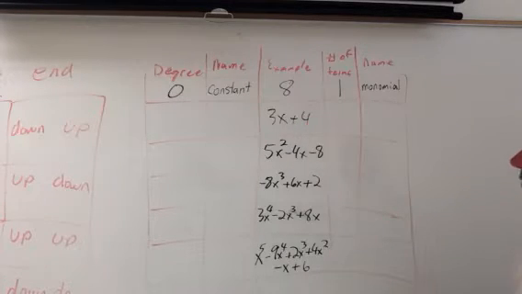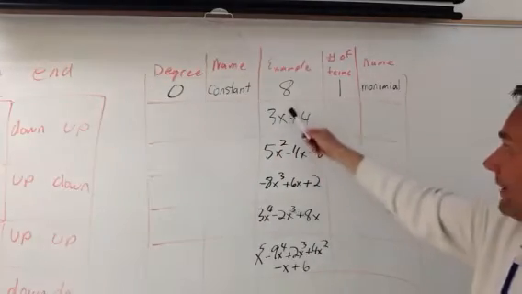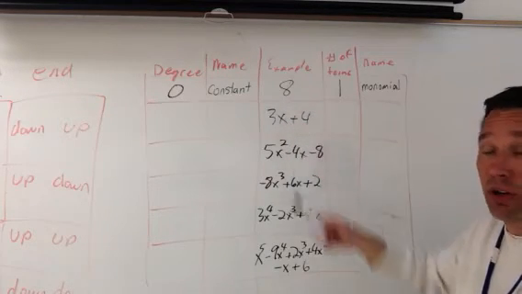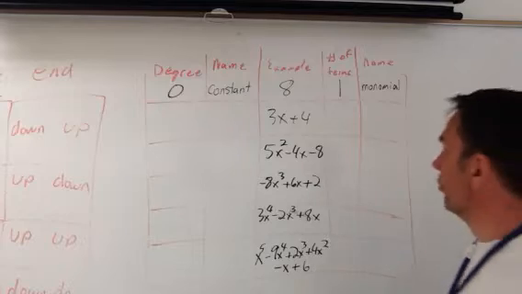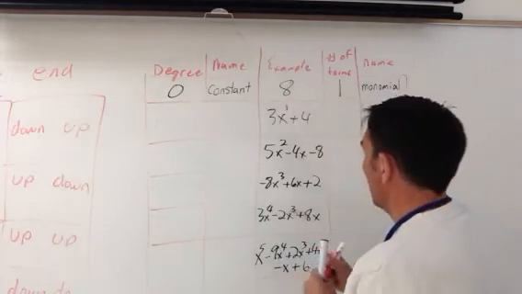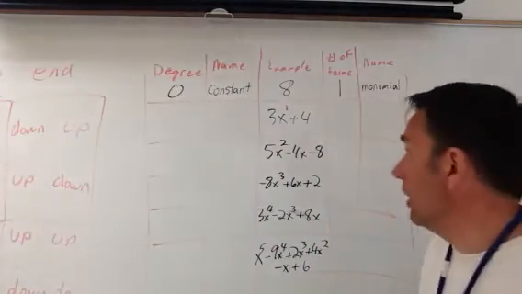The second one, we have 3x plus 4. So the first thing is, what is the degree? Now here, we do have an x value, but there's nothing written here as an exponent. However, there is an invisible 1 that we need to include. And we studied a ton of these kind of problems in Algebra 1.